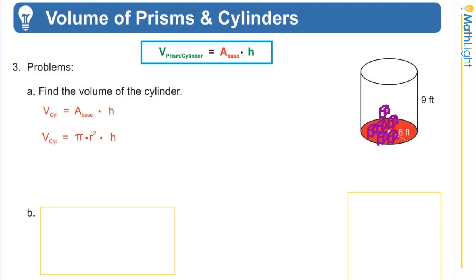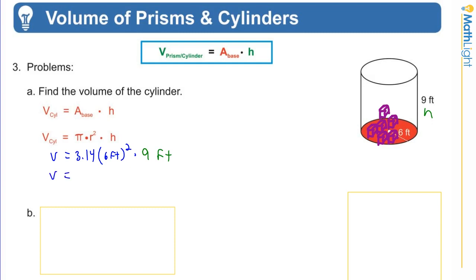All right, so let's just run the formula. So volume, pi 3.14, use the pi button if your teacher wants you to use that. What's our radius? 6 feet, and remember it's pi r squared. And what's the height of the whole? It's that 9 feet, so times 9 feet. Now it's just a calculator problem.